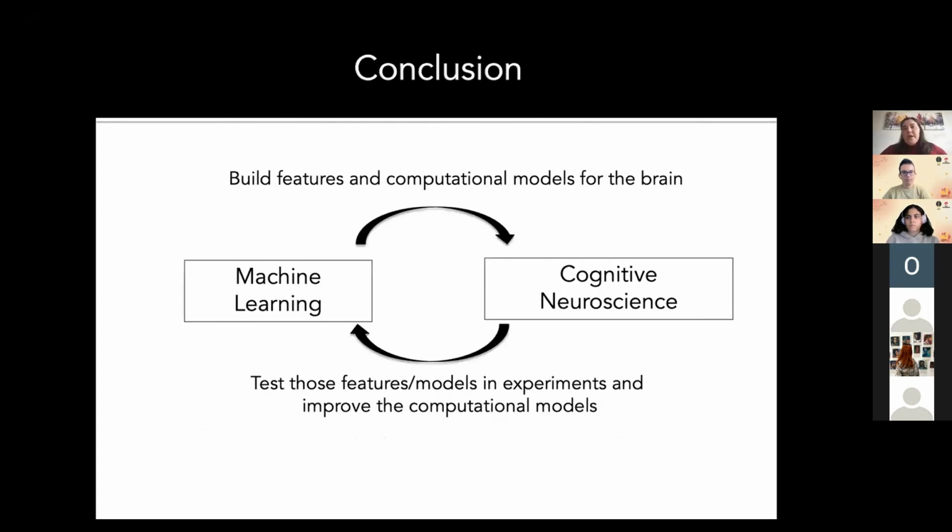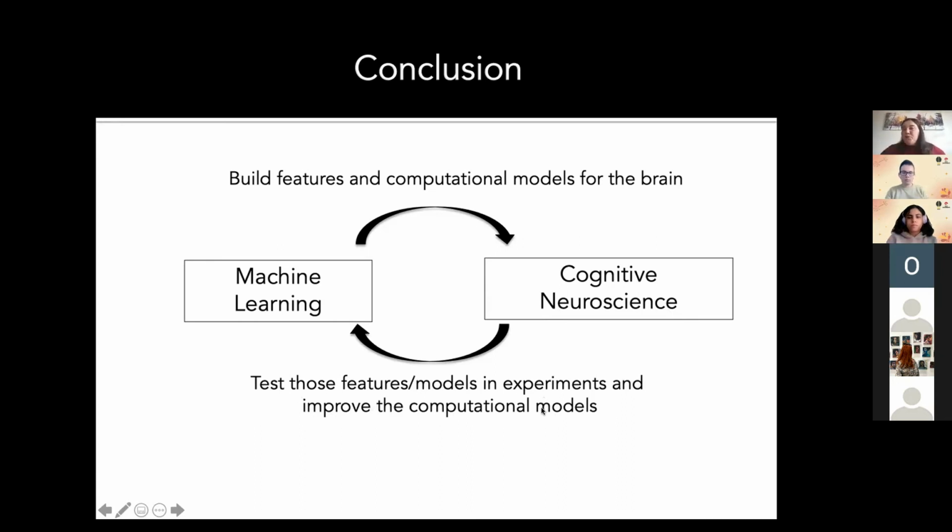So in conclusion, I would like to say that machine learning and cognitive neuroscience have started to collaborate very intensely in the last 15 years or so. And machine learning has been very useful to build features and computational models of the brain. It allows us to build models and test these models. And when you have these models and your neuroimaging data or cell recording data or any kind of data that you can gather from the brain, you can test those models, those features in your experiments.